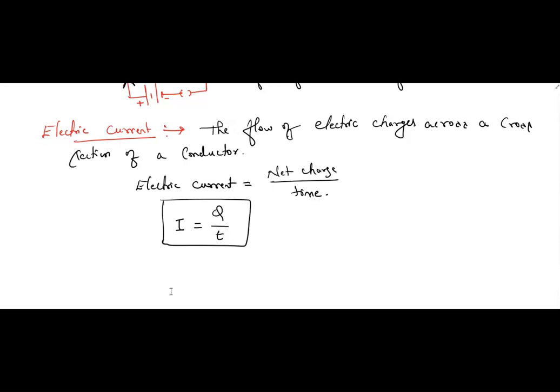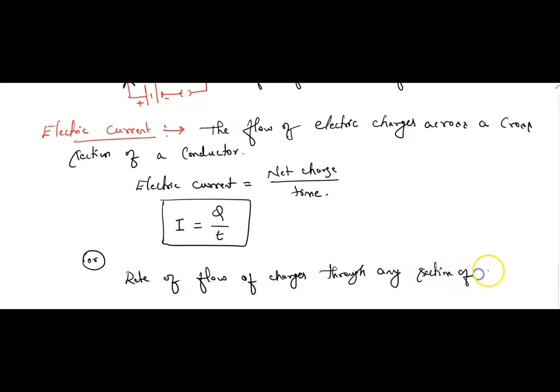Or else one more definition of electric current is the rate of flow of charges through any section of a conductor.